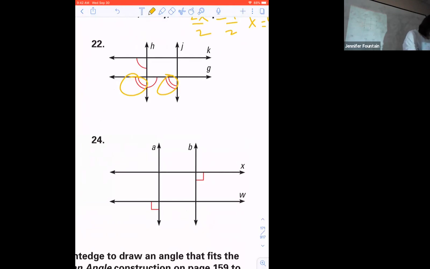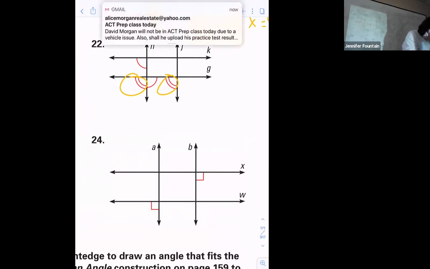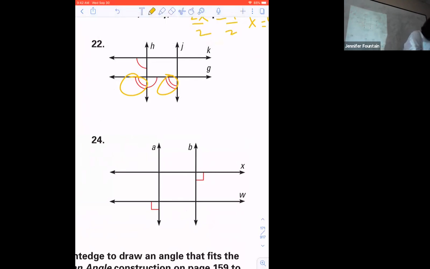Okay, and then we move on to 24. Okay, so let's look at 24 for a minute. Okay, so look at number 24.